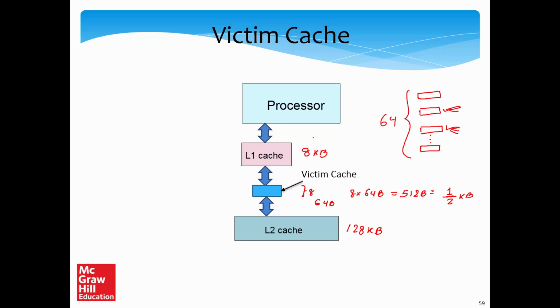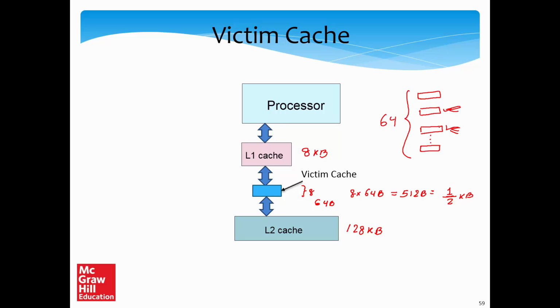So if some of those lines can be accommodated in the victim cache, which, mind you, has half a KB of size in this case, then we can logically think that for some of the sets that have high contention, we have in a sense increased their size.